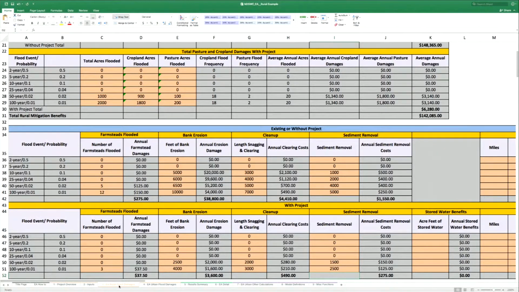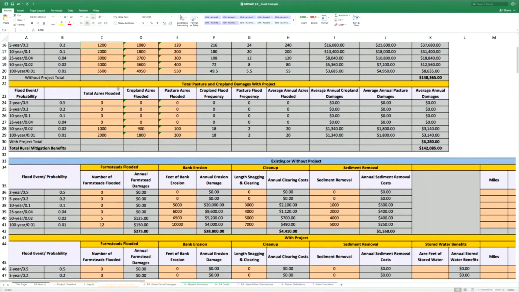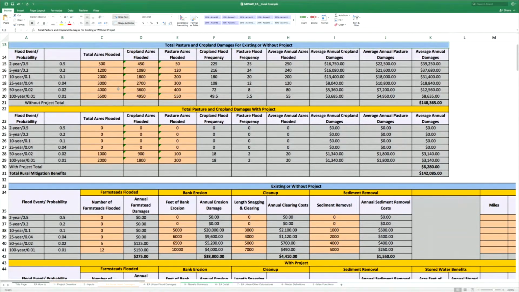One common example where that could be important is emergency access. One of the common things that I see in flood control projects where transportation benefits are key is rural access for EMS, emergency response, fire trucks, police.